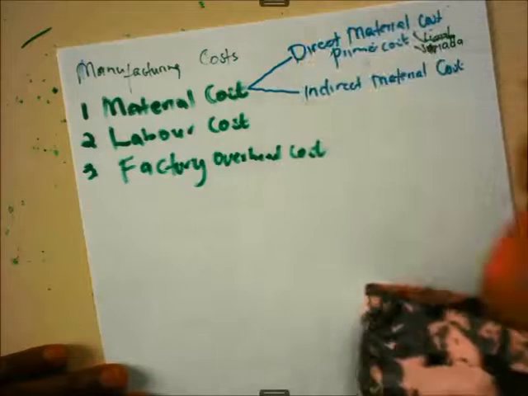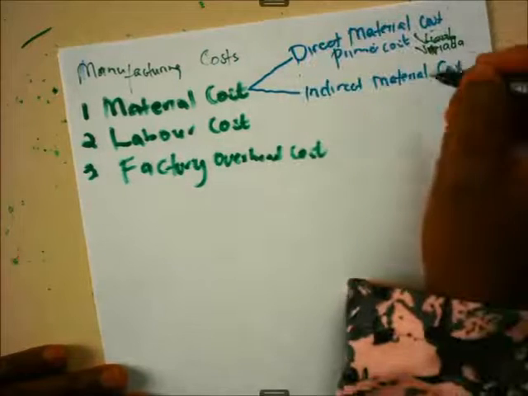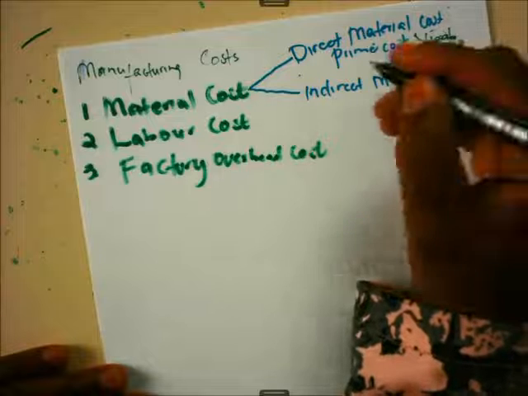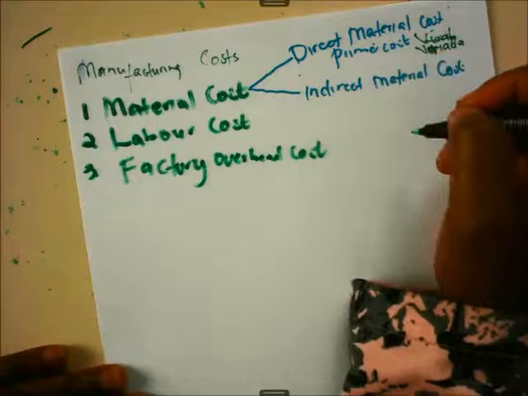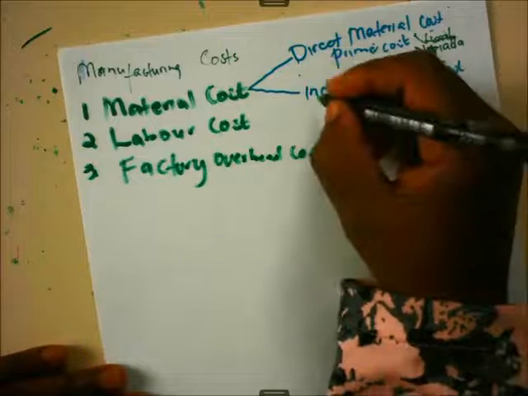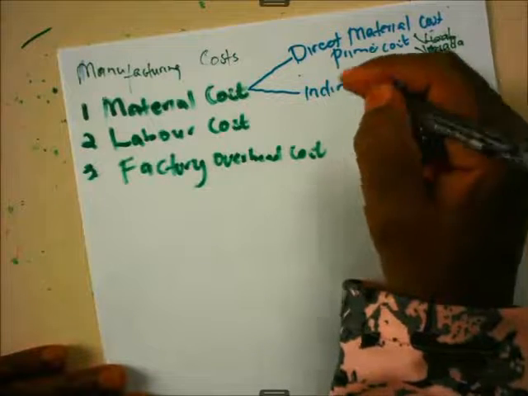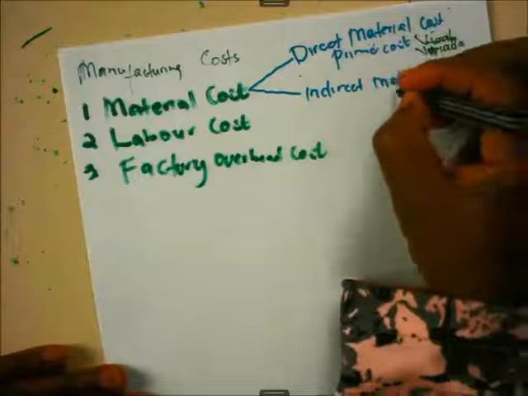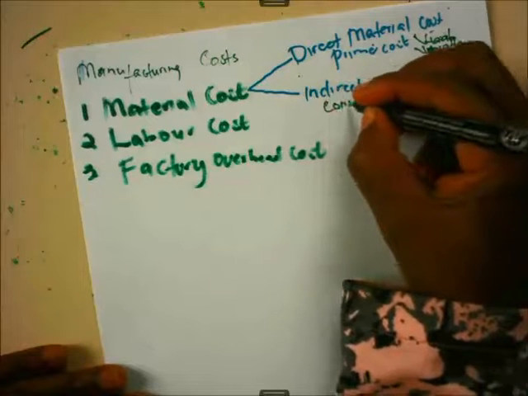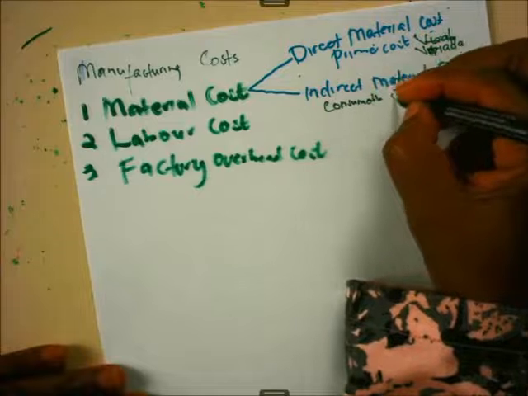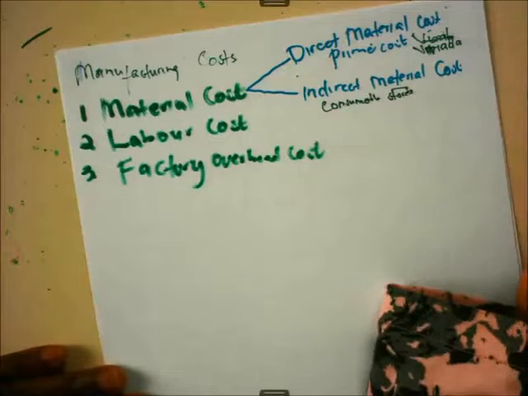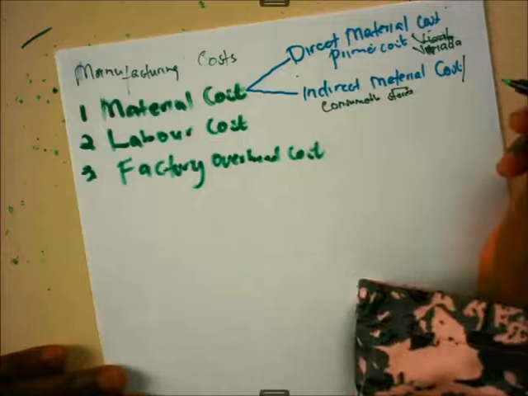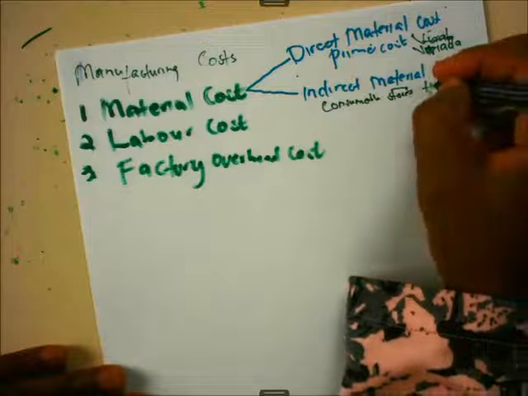And indirect material cost. Indirect material costs are the costs that are involved indirectly in the production process, and the costs are not identifiable in the final product. For instance, we have the consumable stores. And these costs are fixed costs.